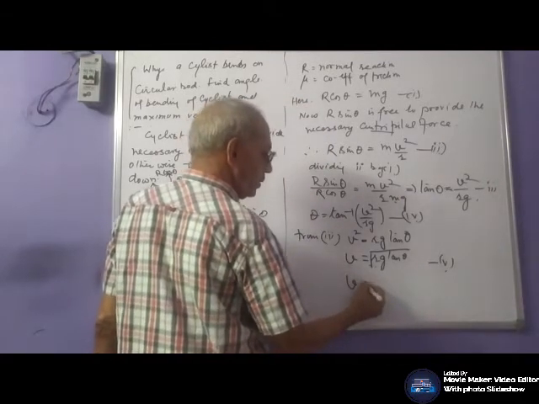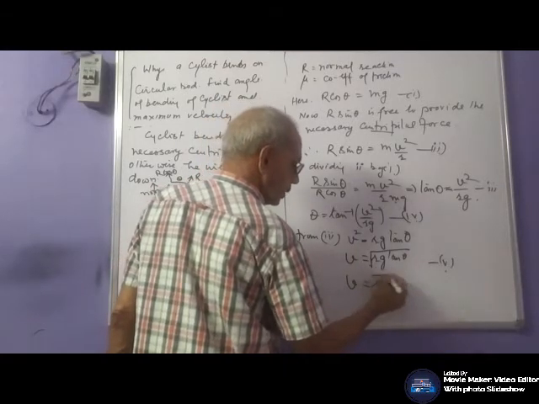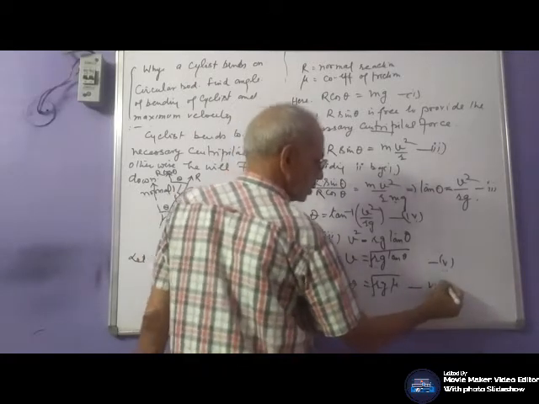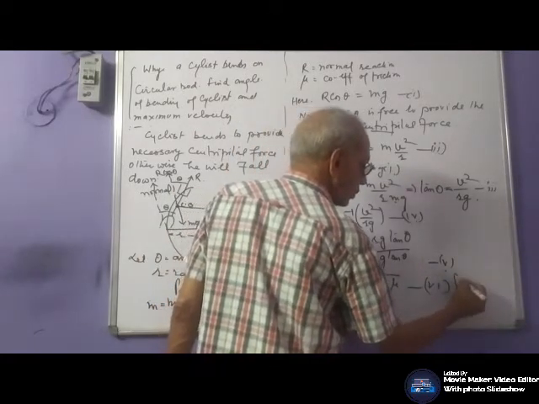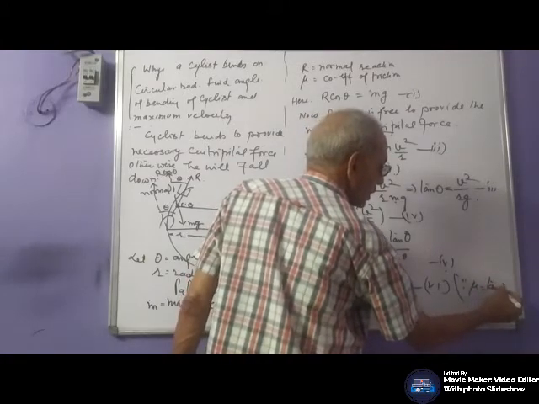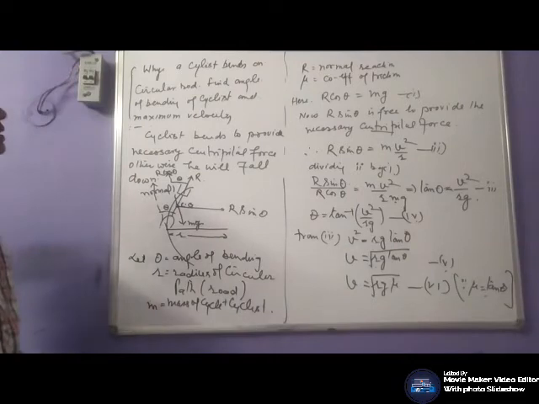Or v can be root of rg mu. We know this thing. Mu is what? Tan theta, already done. So this is why a cyclist bends, and we find the angle of bending.